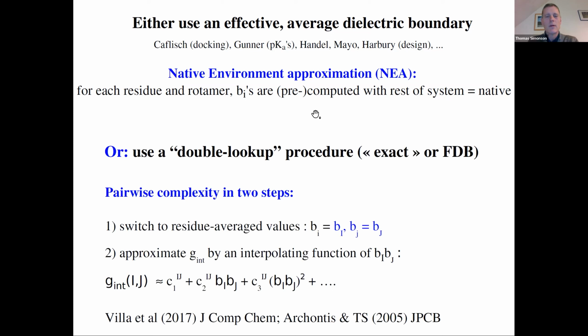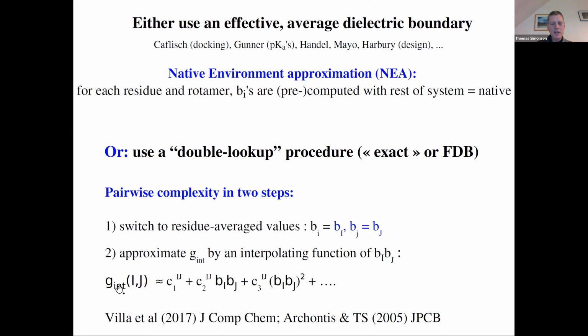Or we have a much more sophisticated procedure, which is basically exact, which uses a double lookup system. I won't go into detail, that would be a little tedious. Proteus refers to this as exact, or FDB, for fluctuating dielectric boundary.